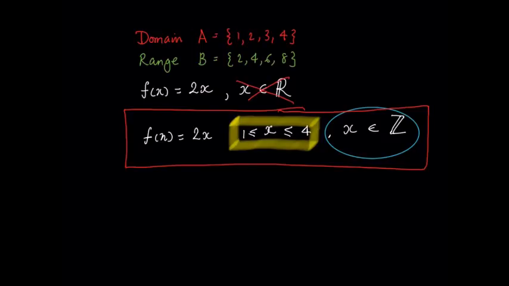If we just sketch out our numbers again, set A, and this is our domain, and we had the numbers 1, 2, 3 and 4, and our output, set B, which we called the range, contained the values 2, 4, 6 and 8.